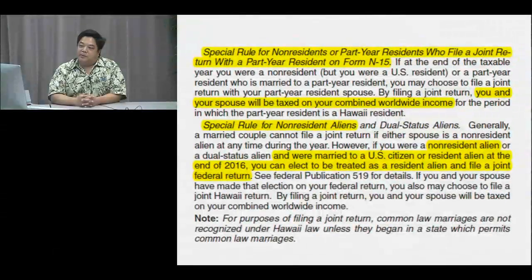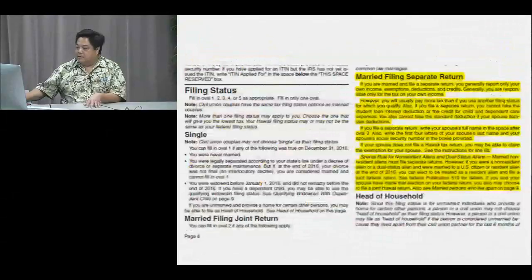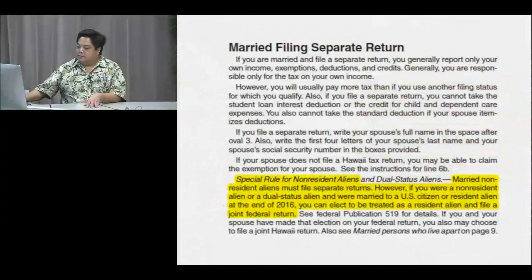So that wouldn't apply to you if you're from a foreign country, because you wouldn't file a joint return. You would have to file separate. This is just another verbiage for married filing separate. They must file a separate return.